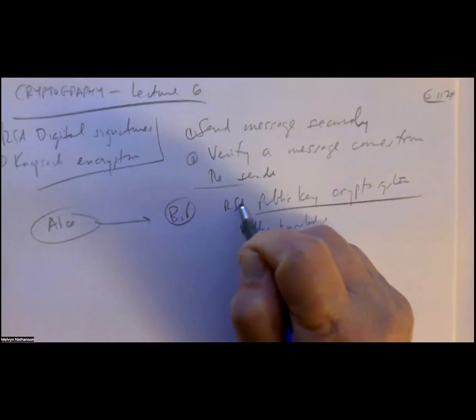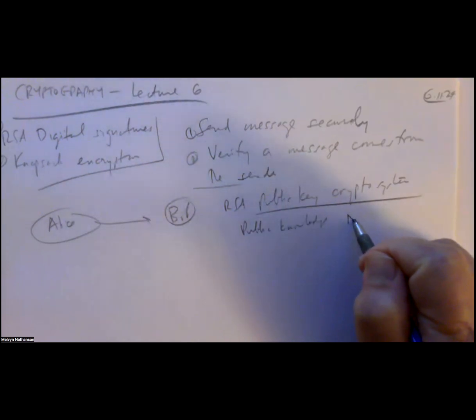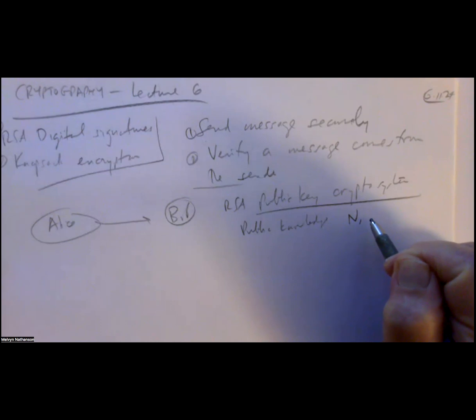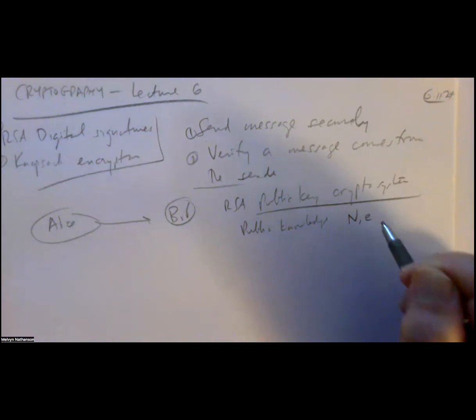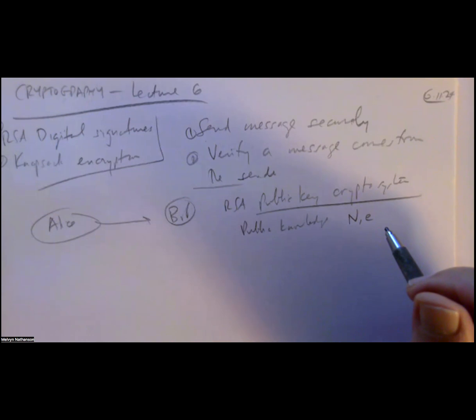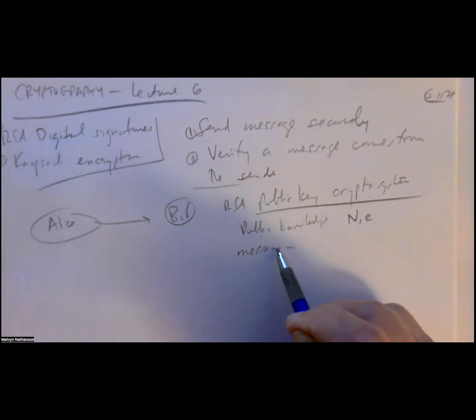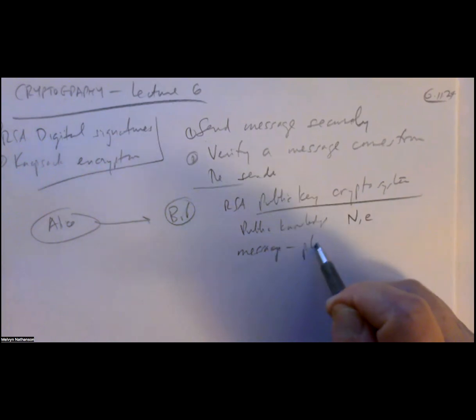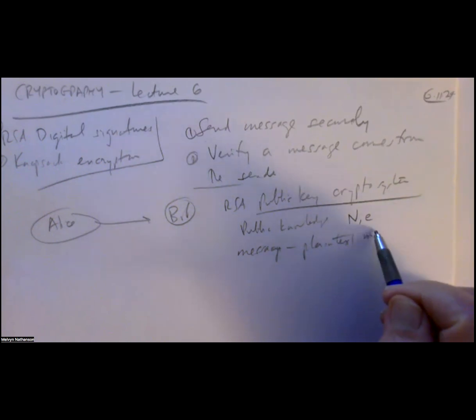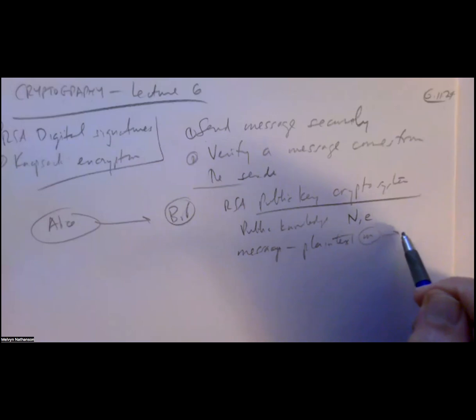Let's say in RSA, for example, you have a number N and a number E, and you take your message, which is the plain text, M, and you convert M to a ciphertext.